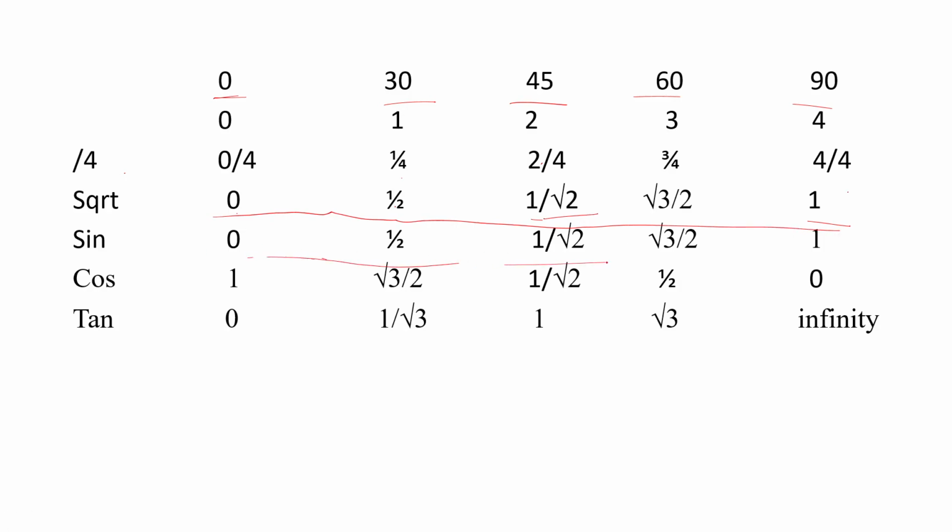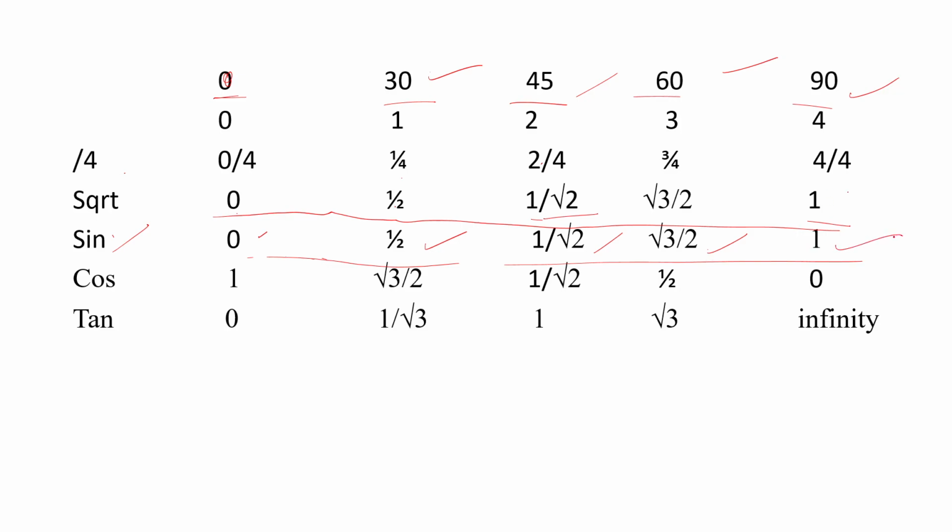Can you understand this one? Am I going fast? Listen, you have to write 0, 30, 45, 60, 90, and below that 0, 1, 2, 3, 4. Divide all the values by 4, and then take the square root of those values. Whatever you get is the value of sine. So sine 0 is 0, sine 30 is half, sine 45 is 1 by root 2, sine 60 is root 3 by 2, and sine 90 is 1.